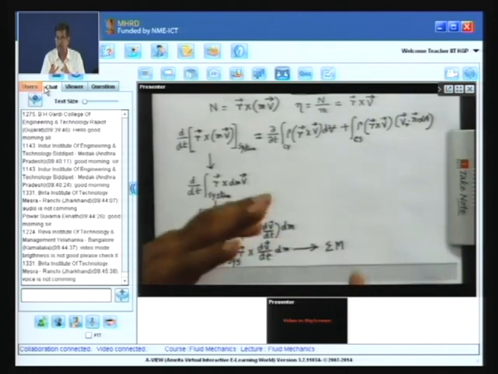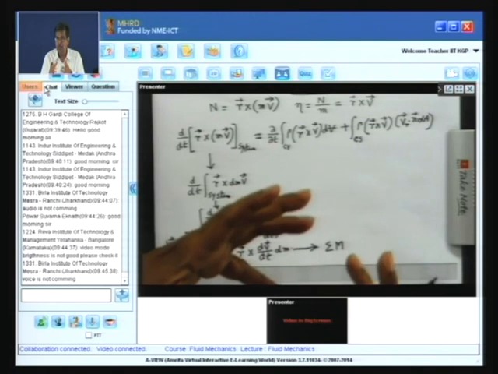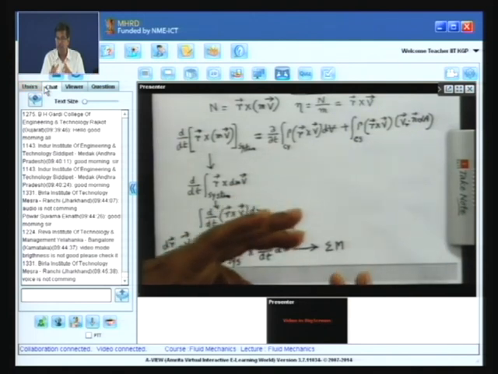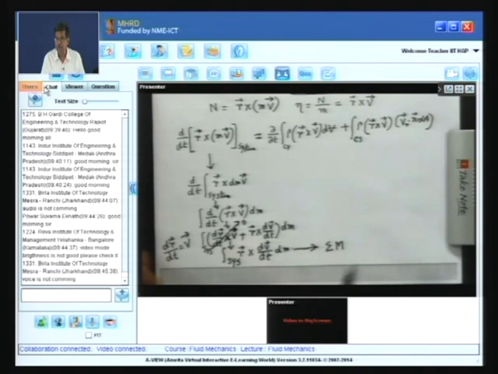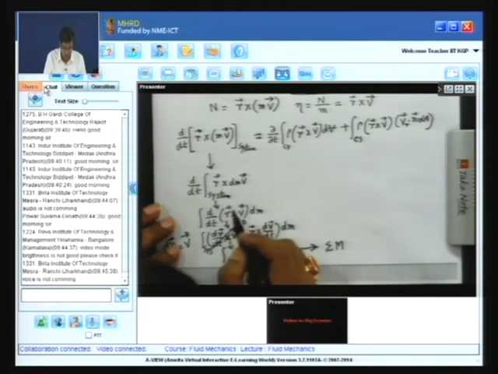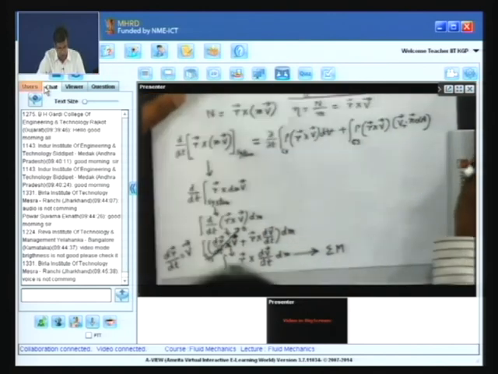Similarly, the rate of change of angular momentum of any system equals the sum of the moments which cause it, and this is basically the law of conservation of angular momentum, like the law of conservation of linear momentum applied to a system. So, therefore, the left hand side becomes sigma M, the sum of all the moments.